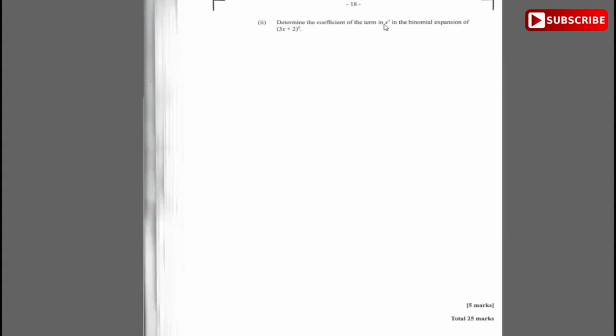Now let's look at this part of the question. It says, determine the coefficient of x cubed in this binomial expansion. So the coefficient of x cubed is going to be, all right, let's do that.